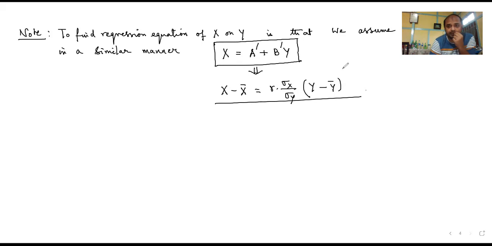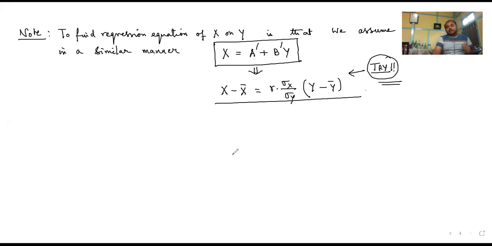For the regression equation y on x, we assume the line to be y equal to a plus bx, and for the other one, we assume the line to be x equal to a plus by. I will ask you to try to find out this result by yourself later on.